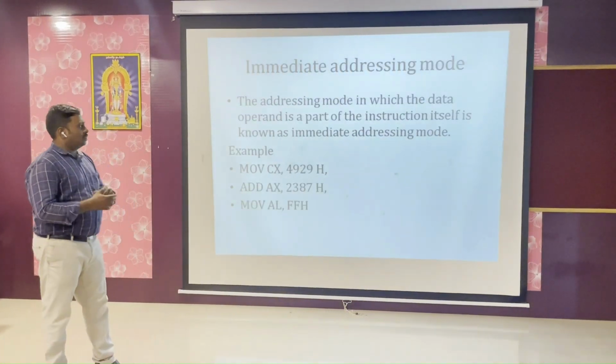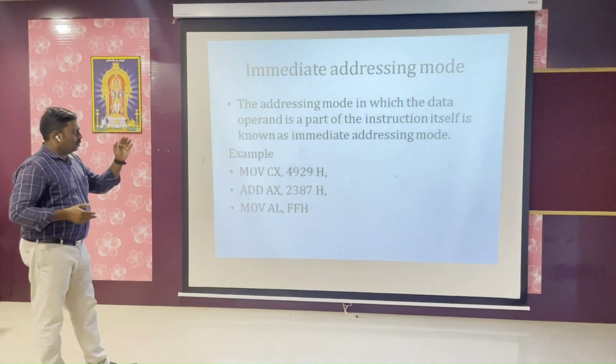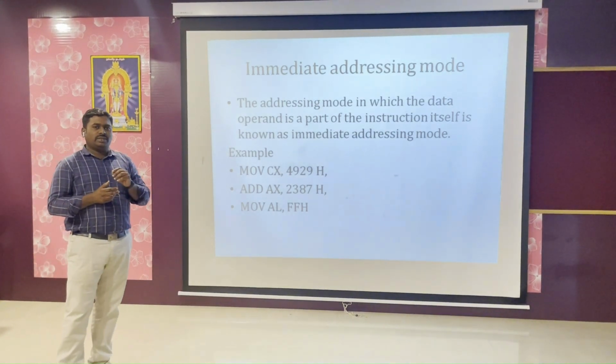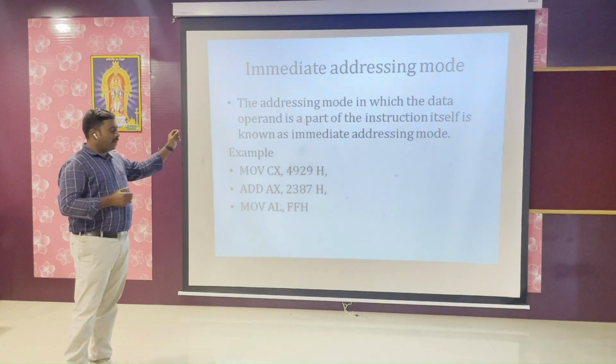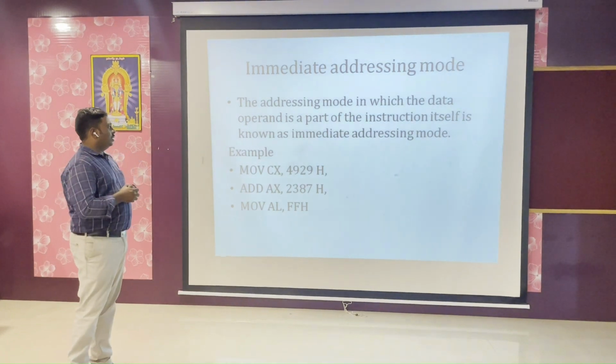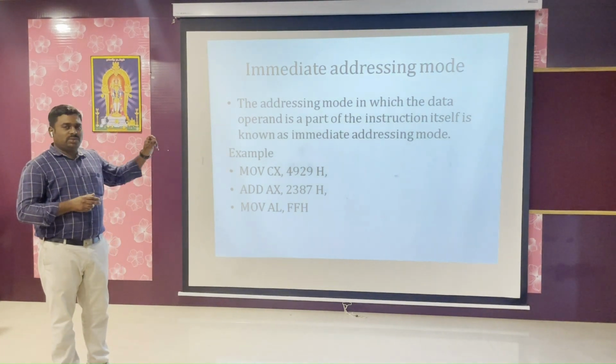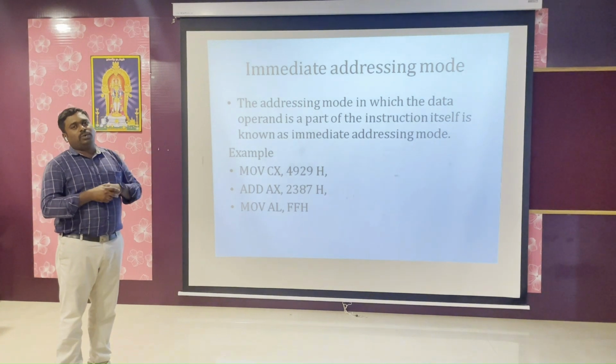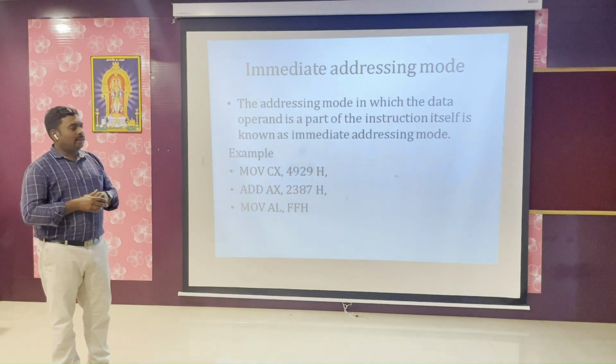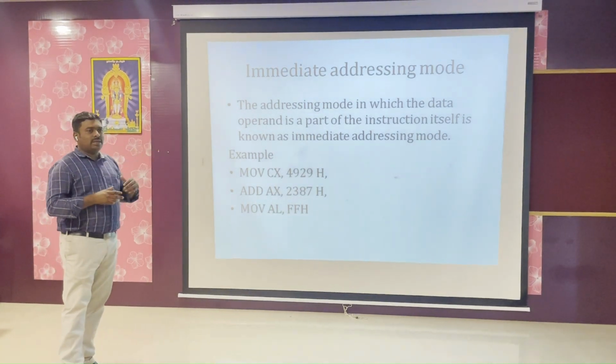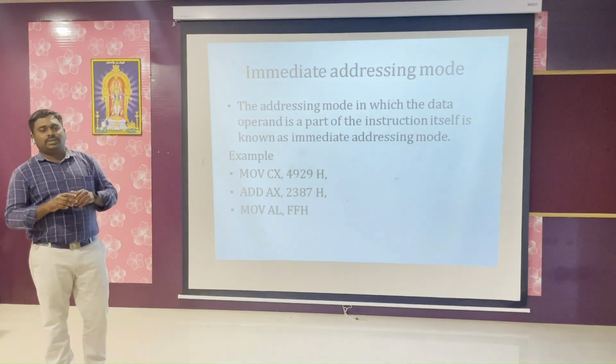First, immediate addressing mode. In the immediate addressing mode, the data operand is a part of the instruction itself. Example, MOV CX, 4929H.